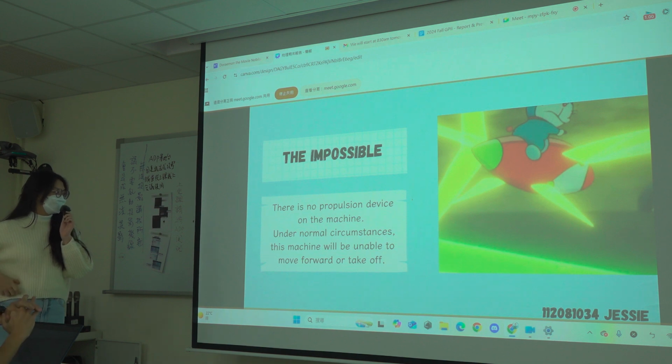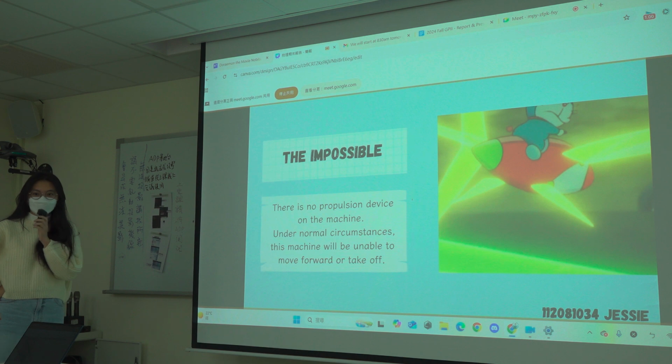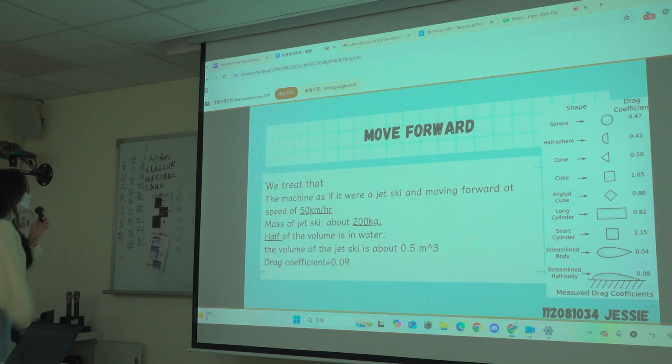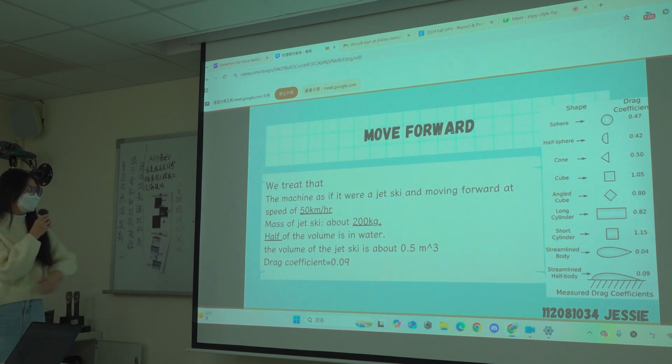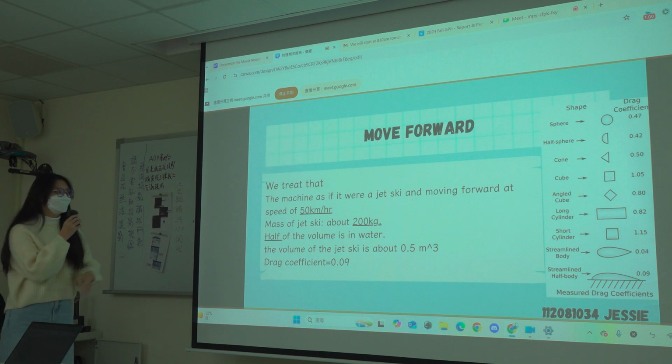Under normal circumstances, the machine will be unable to move forward or take off. Yeah. Okay. And if the machine wants to move forward, we treat the machine as if it were a jet ski, moving forward at a speed of 50 kilometers per hour.